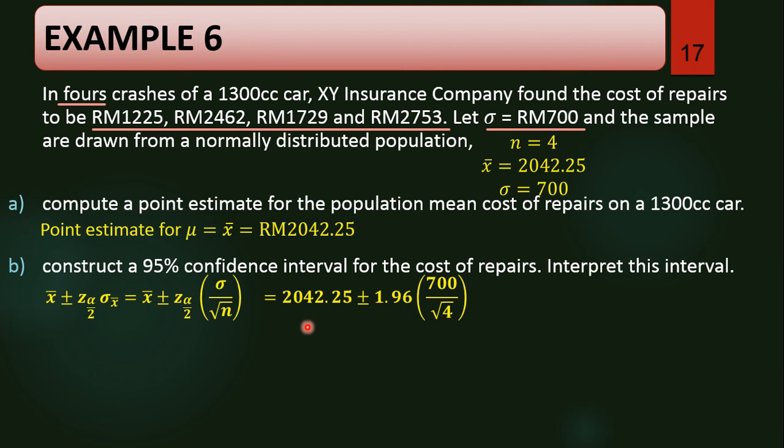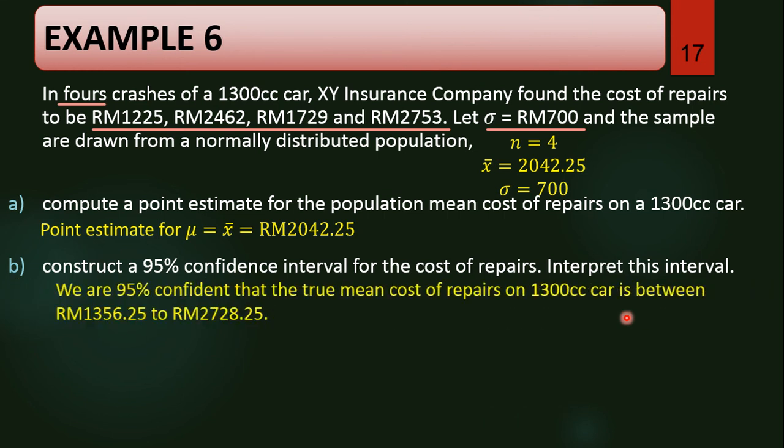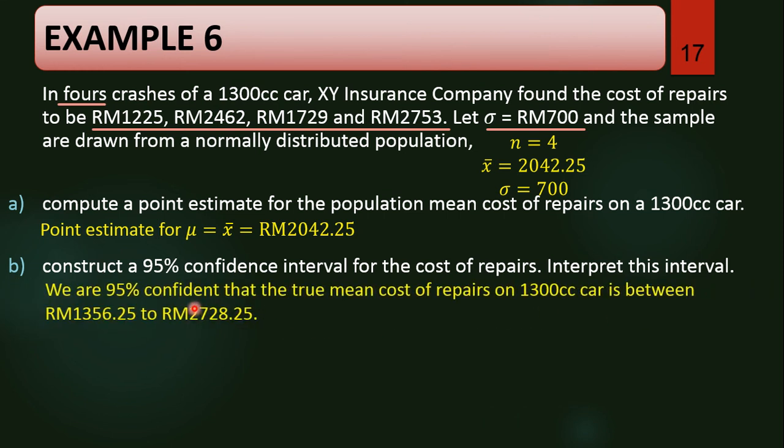Substitute all the values for the X bar, Z, sigma, and also N. So we can say that the interval here will be these two values. How to interpret this interval? We are 95% confident that the true mean cost of repair on the car is between those two values.